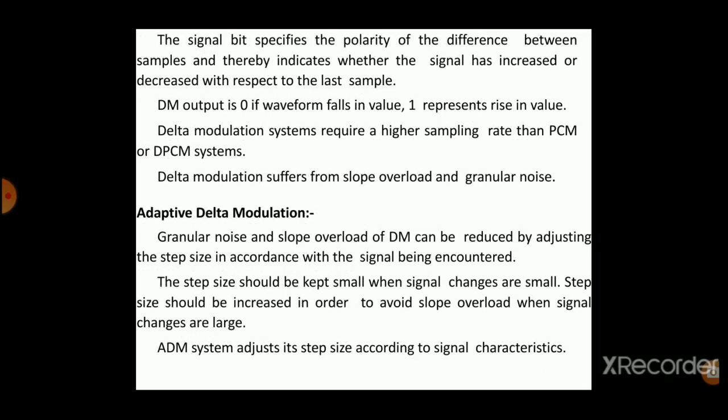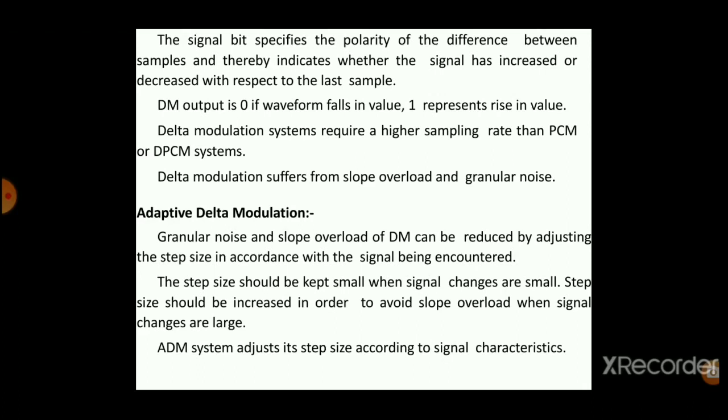The bit specifies the polarity of the difference between samples and thereby indicates whether the signal has increased or decreased with respect to the last sample. DM output is 0 if the waveform falls and 1 represents a rise in value. Delta modulation systems require a higher sampling rate than PCM or DPCM. Delta modulation suffers from slope overload and granular noise.